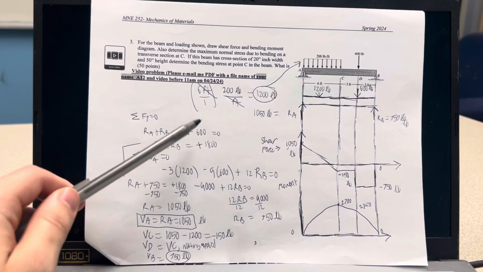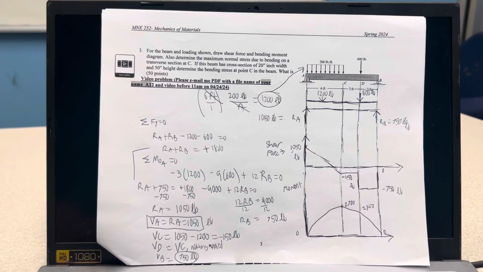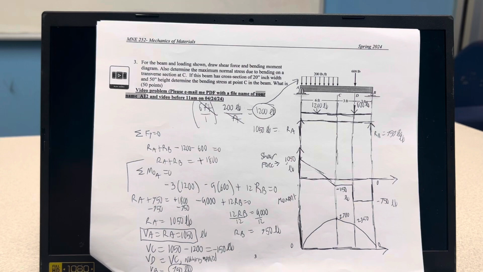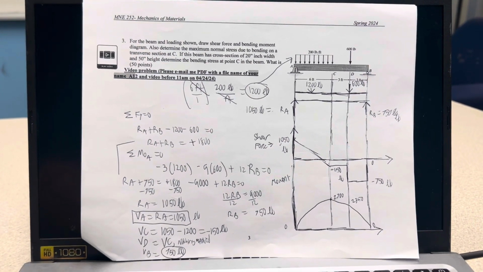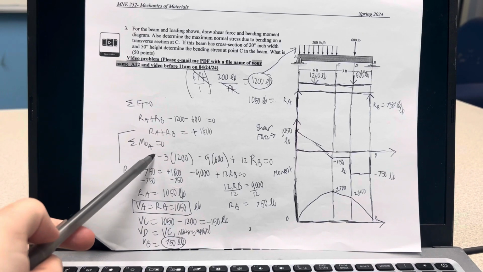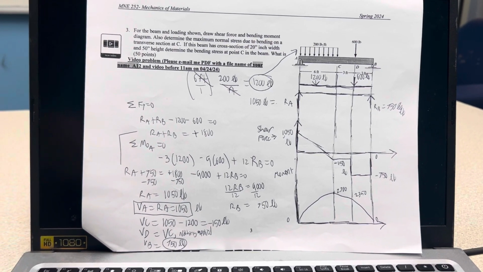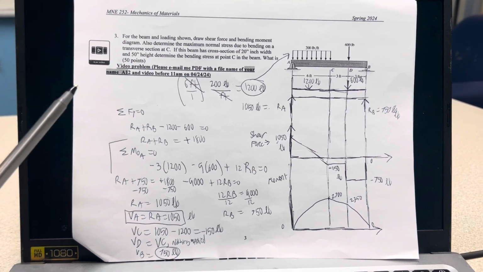Then to find one of these values, I take the moment about A. I could have done the moment about A or the moment about B, and I could have gotten rid of one of them, but I decided to do the moment about A. That would give me RB, and then I could eventually solve for RA.